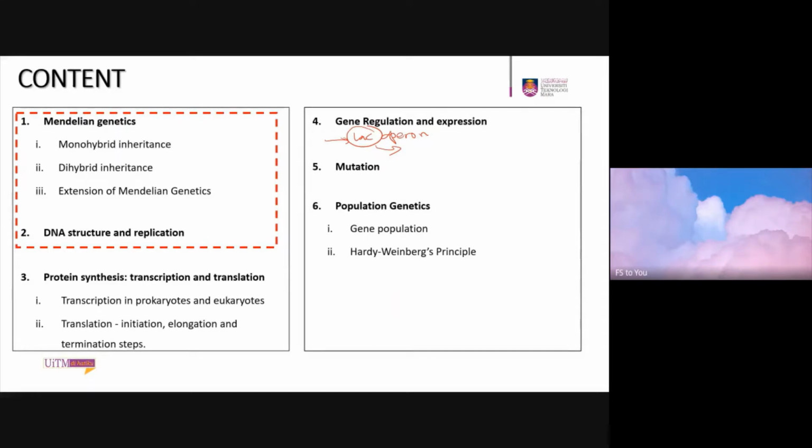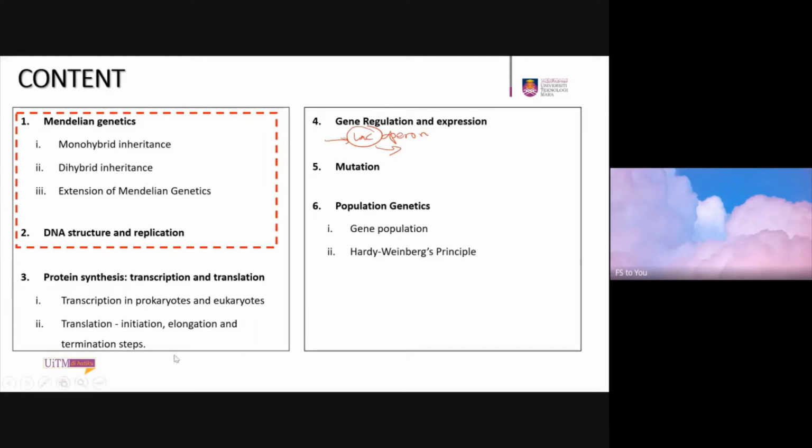Sebab bacteria ni, which is E. coli, will use the lactose, will break down the lactose into apa monomers untuk lactose ni? Galactose dengan glucose. So once lactose has been hydrolyzed into galactose and glucose, then only the bacteria can use these monomers for its cellular respiration to generate energy lah, so that it allows the bacteria to live on.